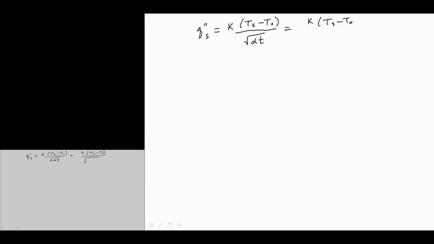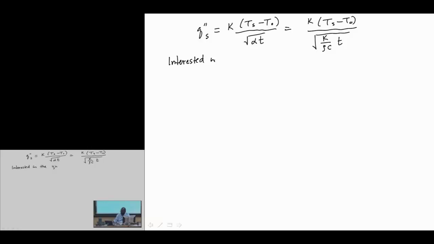So alpha, of course, is k over rho c. And what we're going to do is we're going to square all this, because what we're interested in is the ignition time.